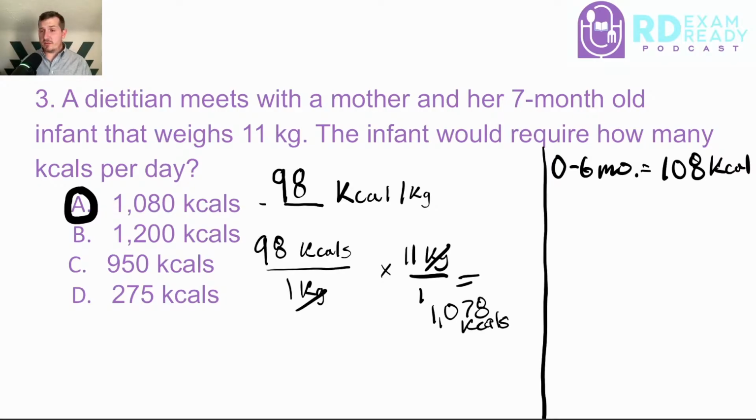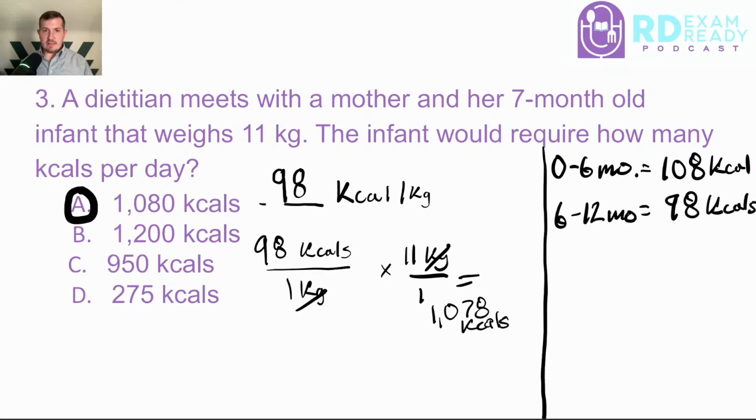Confirm that for me, folks. So 0 to 6 month old, we're going to have 108 kcals per kilogram, right? So it's 108. Then at 6 to 12 months, we see a drop down. It drops down to 98 kcals.